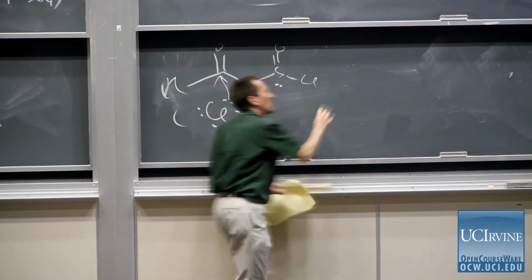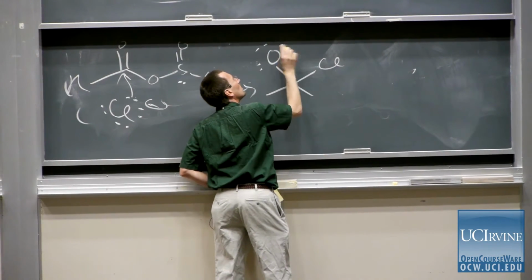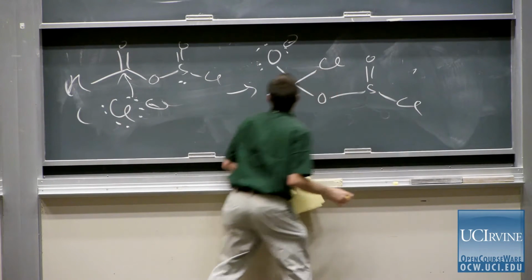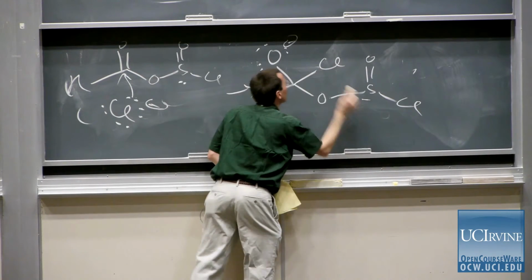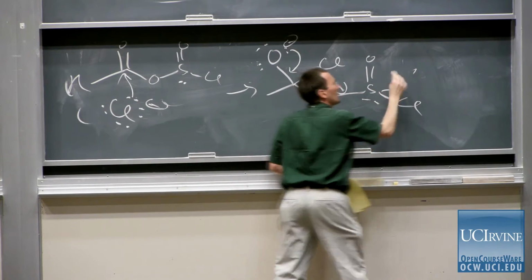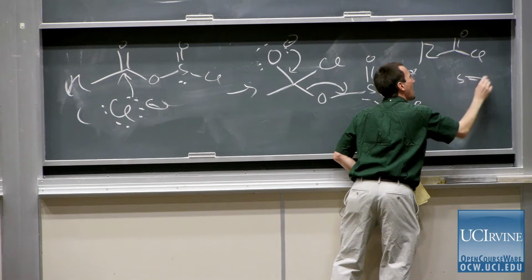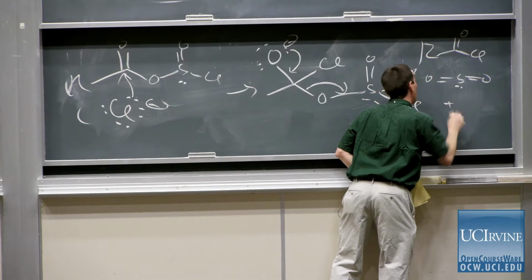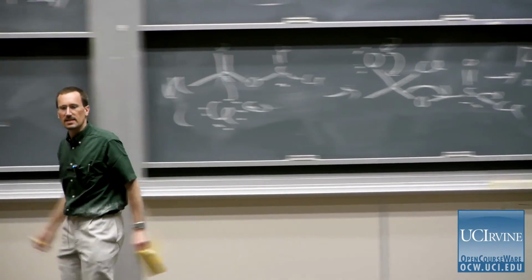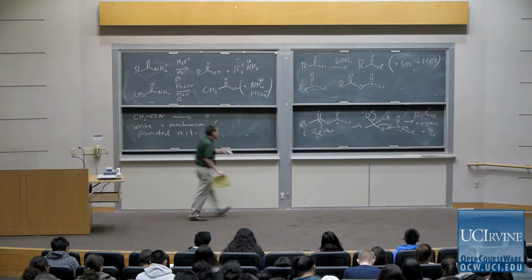Chloride can come in, form a funny-looking tetrahedral intermediate, and that intermediate can fall apart, kicking out sulfur dioxide, so we get our acid chloride, sulfur dioxide, and chloride anion. And when you write a balanced equation, since a proton was lost at the very beginning, you get HCl.